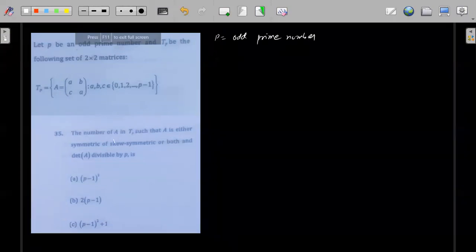So p is an odd prime number, and the set is as given. We have already seen this, so we will form three cases. Case one was when both are the same, that means the matrix is symmetric as well as skew symmetric.